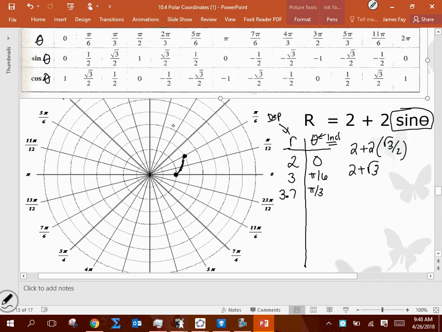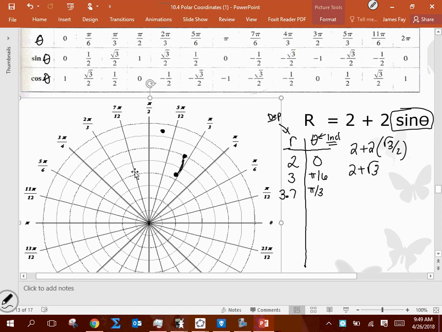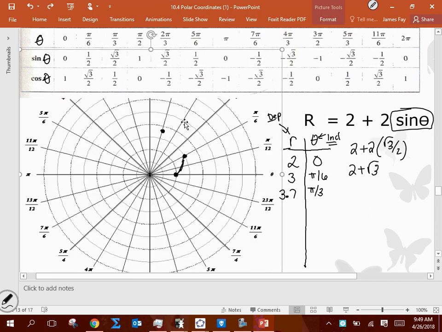So I'm going to go out to the pi over 3 ray, which is going to be this one here, and I'm going to go out to 1, 2, 3, and I have to estimate. So about right there. Is that the right ray? Let's see. Nope, it's this one. And I would take a smooth curve there.